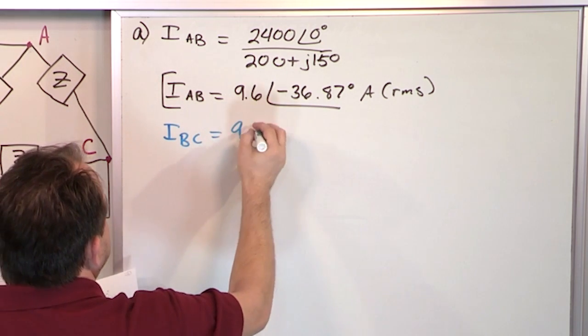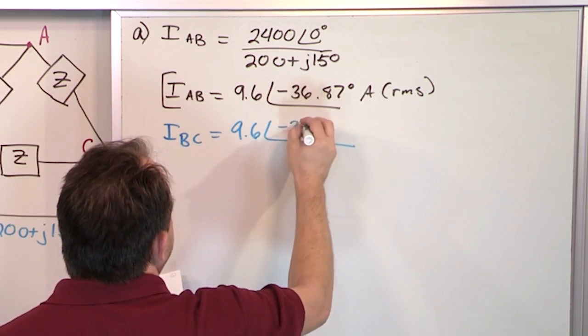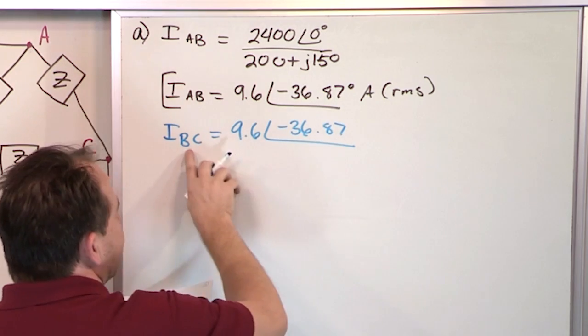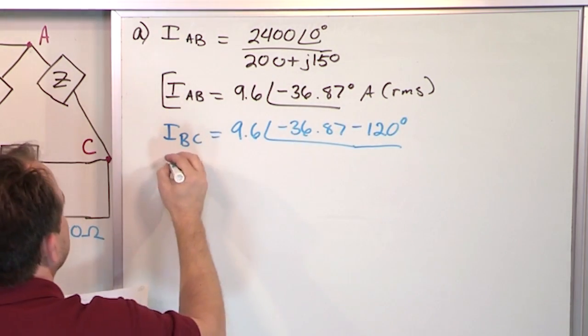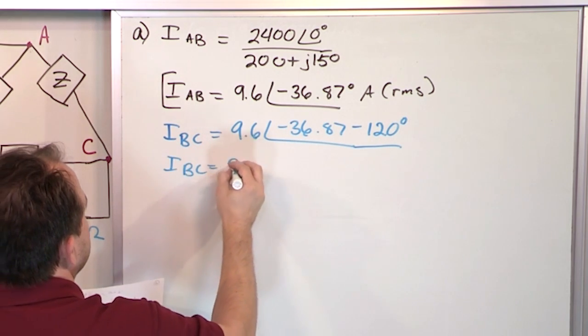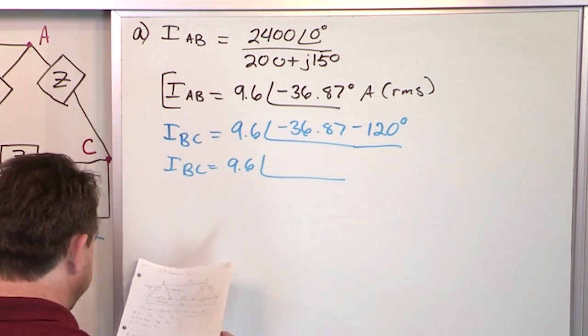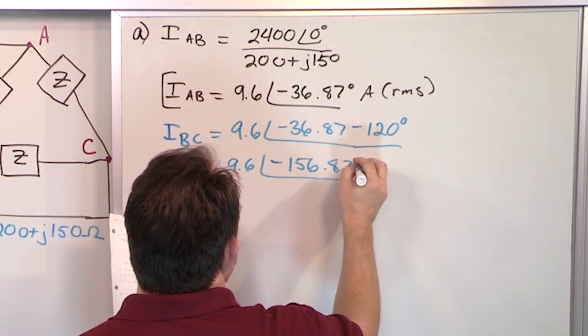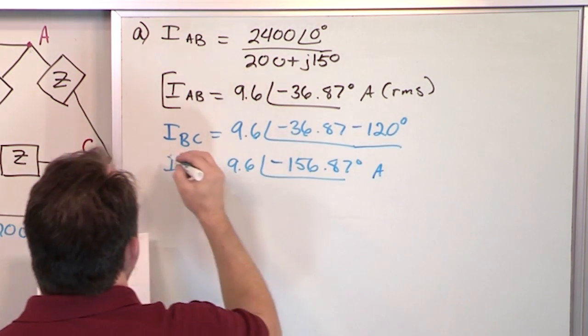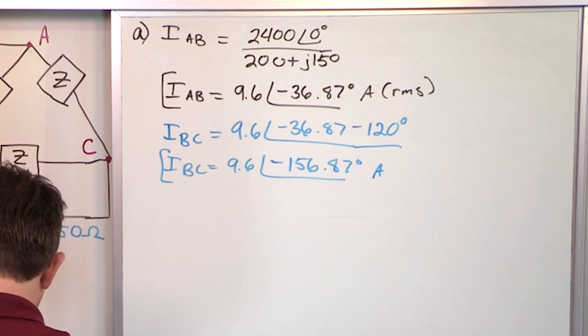It's the same magnitude, negative 36.87, and because it's a B phase quantity, we subtract 120 degrees from it. So I_BC is 9.6 angle, when you do that subtraction, negative 156.87 degrees amps RMS. I'm not going to write RMS every time.